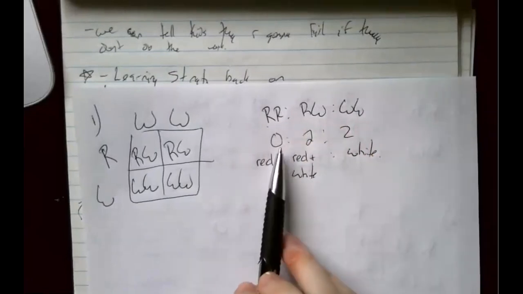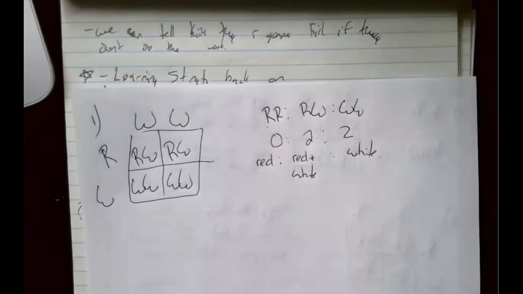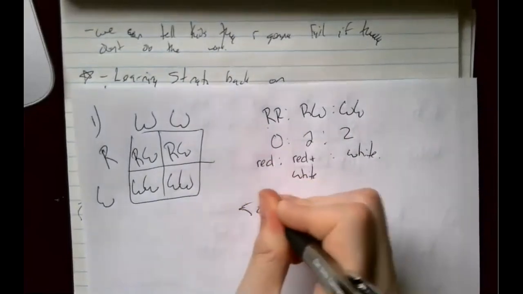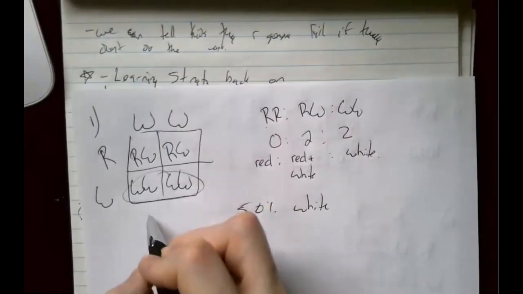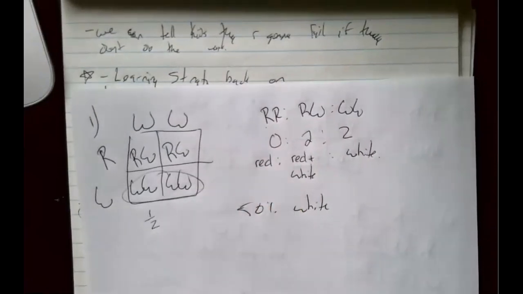Again, that could also be simplified to a 0 to 1 to 1 ratio. It then says, what are the chances of a white progeny? Well, it would be 50% white, or half of the individuals.